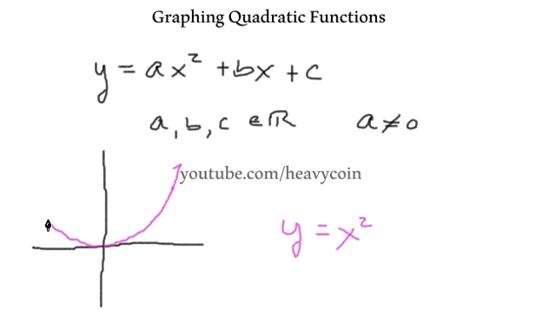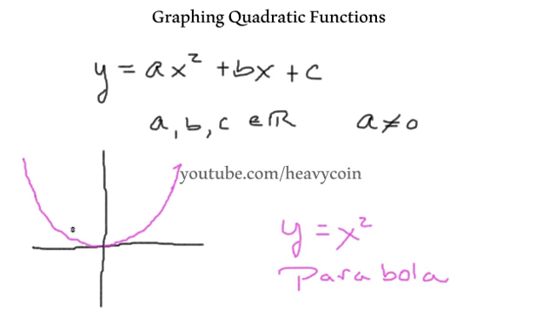And it looks something like this. Okay, and the graph of a quadratic function has a name, and the name of this is what's called a parabola. So the name of this curve is known as a parabola.